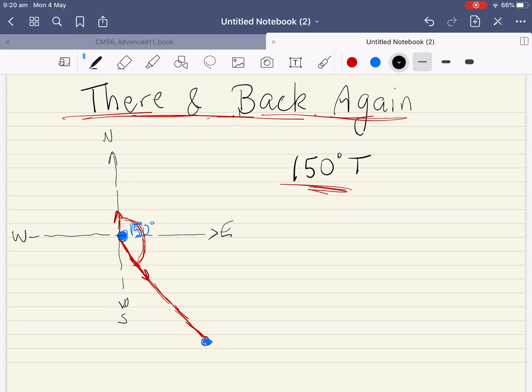Well, what you're actually doing is trying to find a whole completely new bearing. So if you want to find a new bearing, you're actually going to need to create a new north-south line from where you're starting from. You actually create the east and west as well if you want.